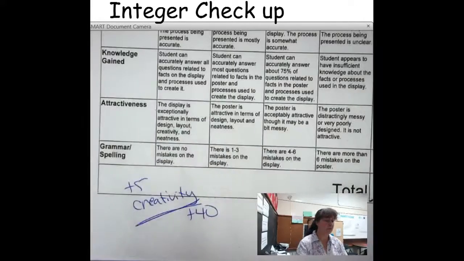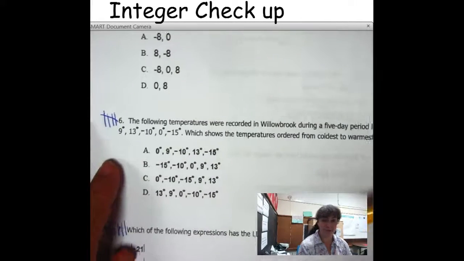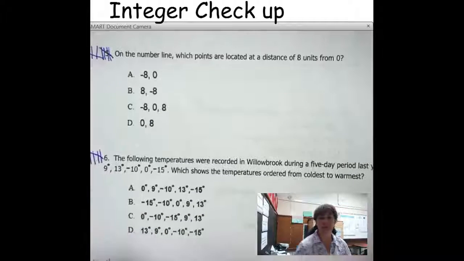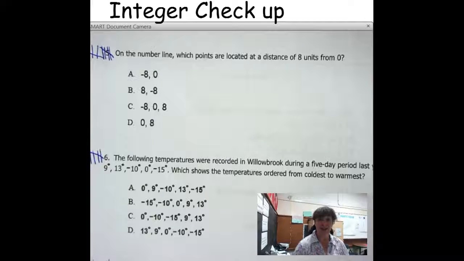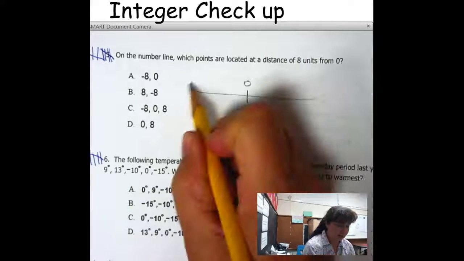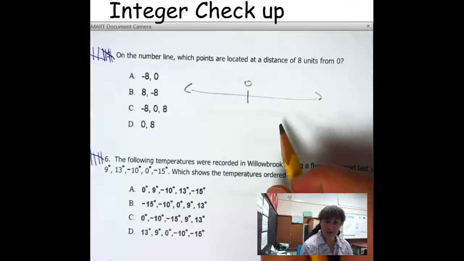Okay. Number five. On the number line, which points are located at a distance of 8 units from zero? And a lot of people miss this question. So if I think about my number line, here's 0, okay, and the numbers go in both directions.